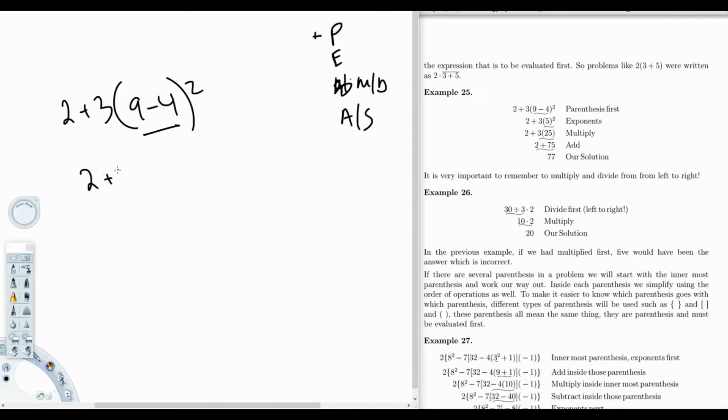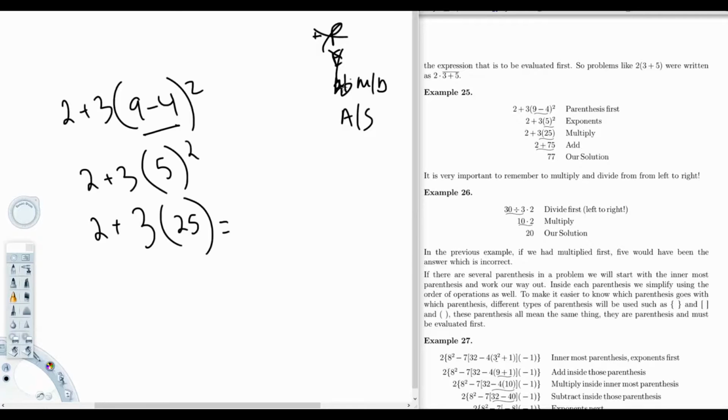2 plus 3 multiplied by 9 minus 4 equals 5, squared. So that's done. Do we see any exponents? Yes, we do, right here. So 2 plus 3 times 25. Do we see any other exponents? No. So now we do multiply and divide.